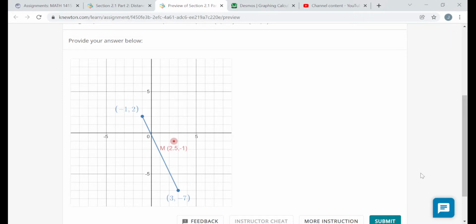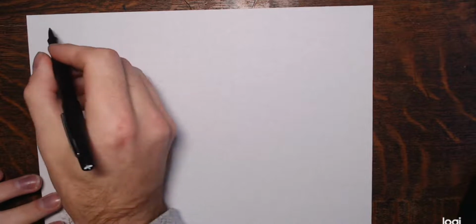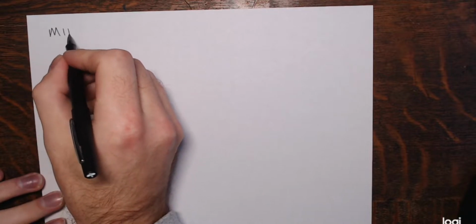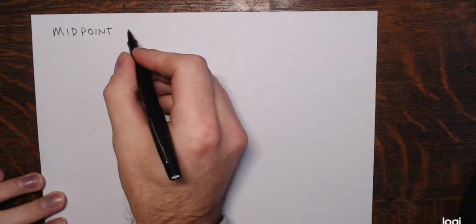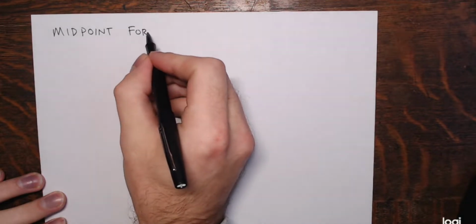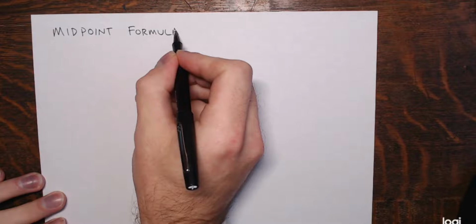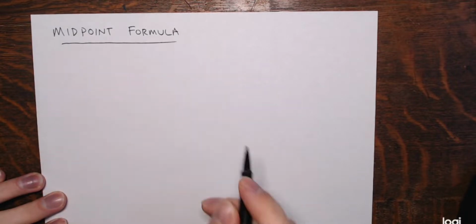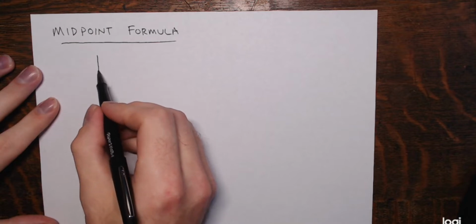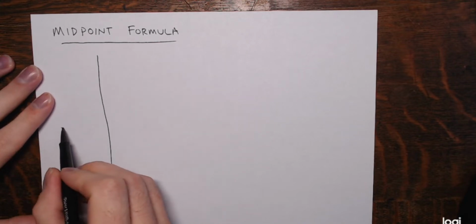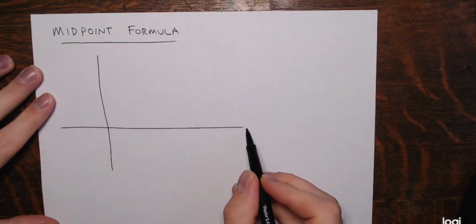Alright, so I want to talk about the midpoint formula. Let's go to my paper. Alright, so suppose I'll just make a very rough sketch here of the Cartesian plane, the XY coordinate plane.